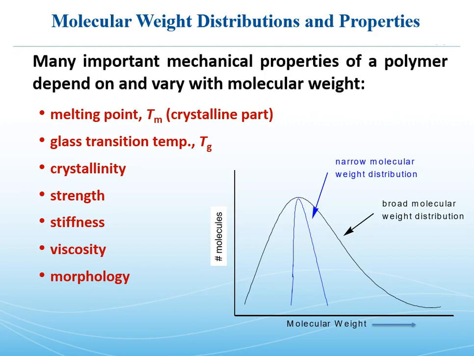Crystallinity is dependent on molecular weight. Obviously, if it's too small or if it's over too broad of a range, the smaller molecular weight components can actually inhibit crystallization of the larger ones. Obviously, strength, thermoplastic, where you just have long chains, you don't have any cross-linking or network formation. The more chains can entangle, the stronger the material.